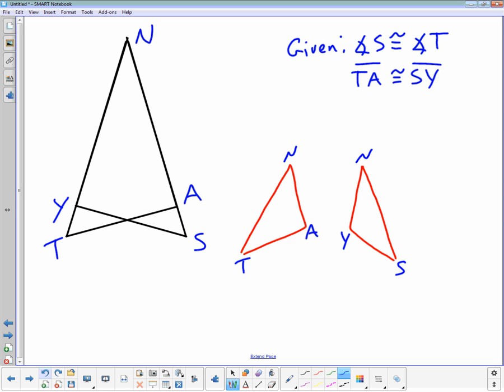Okay, so now we can start writing tick marks and stuff. What can I mark up? Actually, we don't even need to, this point right here, that's not part of any of the triangles, right?